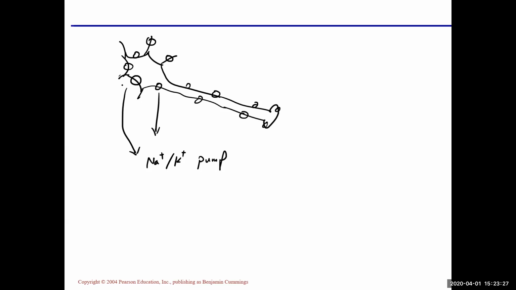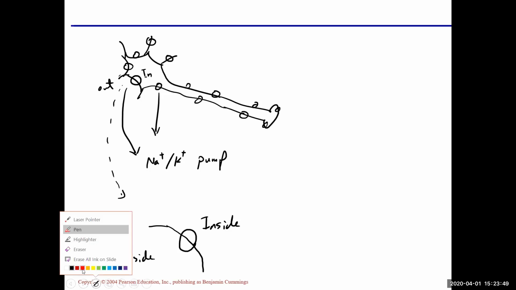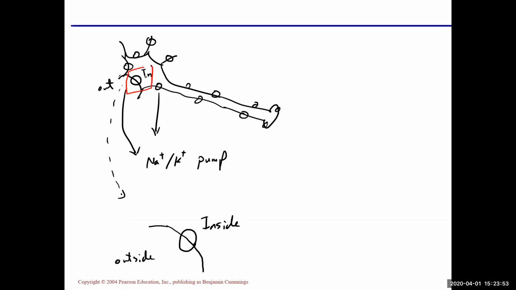So if I just look at this part right over here and take a look at this part right here, that would be the sodium potassium pump. And this would be inside of the cell. This would be outside of the cell. Again, we're just looking at here. This is in, this is out. So you're looking at pretty much this section right over here, for instance. All right, I just enlarge it.